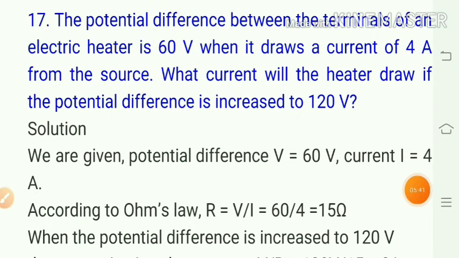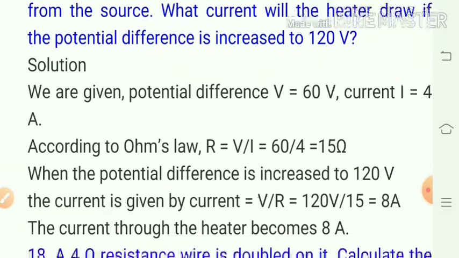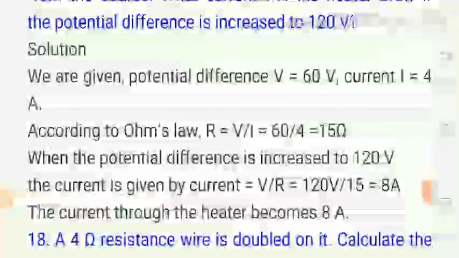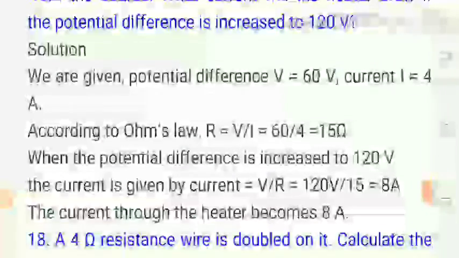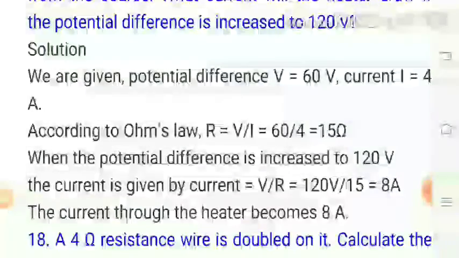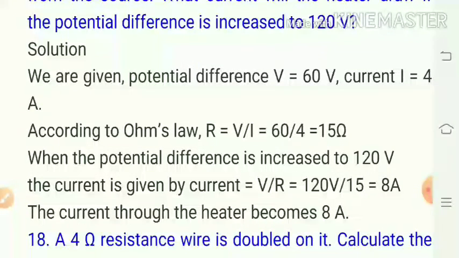The next question: the potential difference between the terminals of an electric heater is 60 volt when it draws a current of 4 ampere from the source. What current will the heater draw if the potential difference is increased to 120 volt? Given potential difference V is 60 volt and current I is 4 ampere.